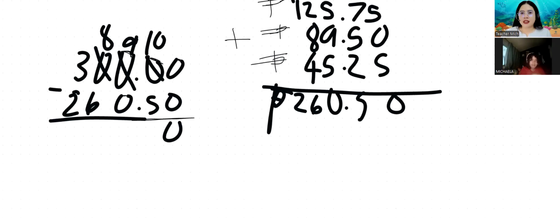This is 10, and then you borrow 1. You only borrow 1, not 2. This one will become 10 minus 1, 9. And 3 will become 2, you borrowed 1. Okay, very good. You may now proceed in answering them.